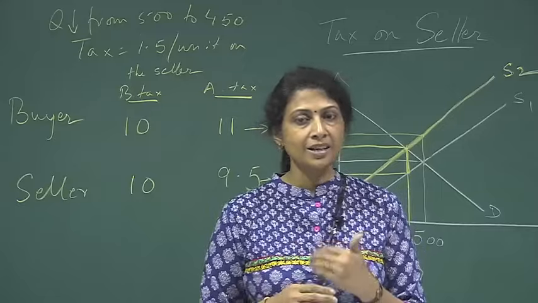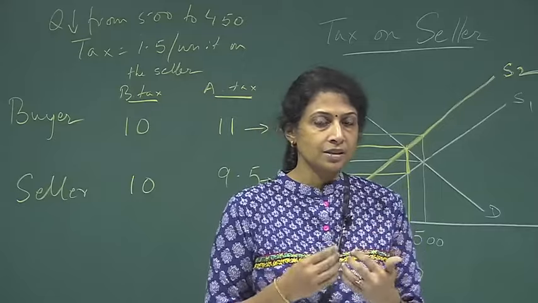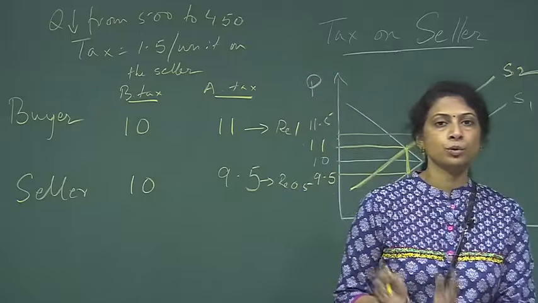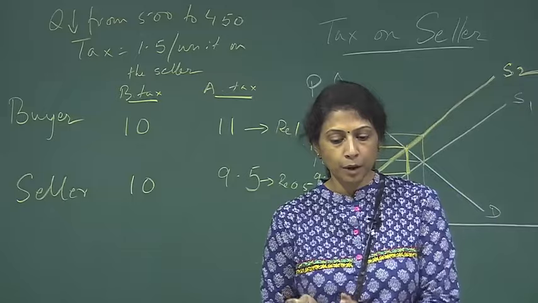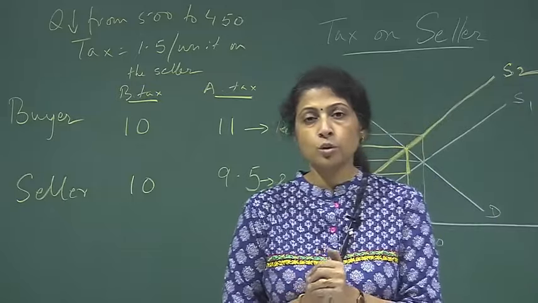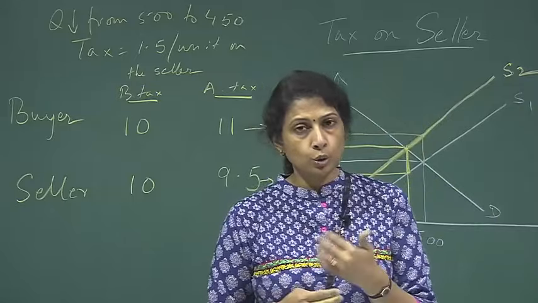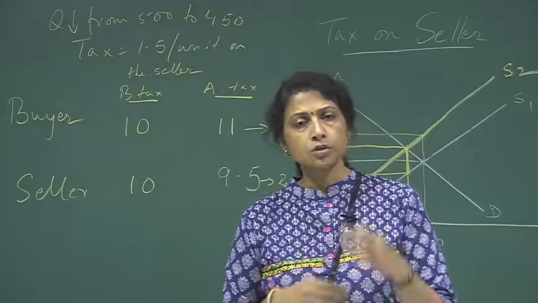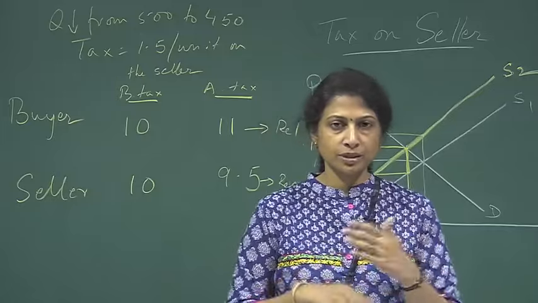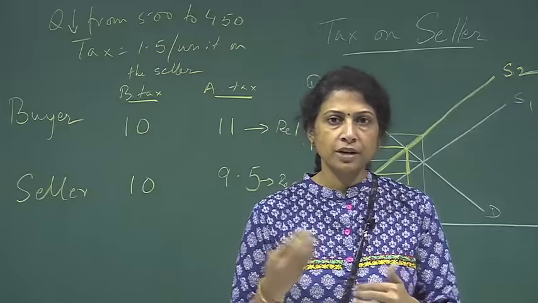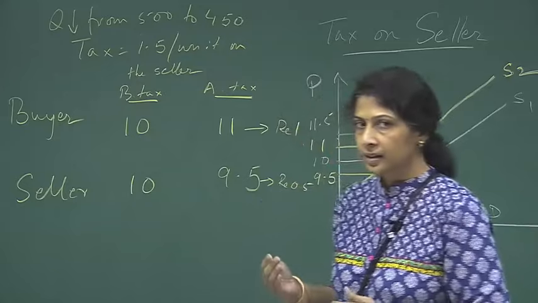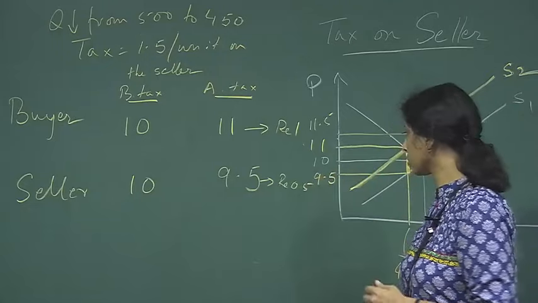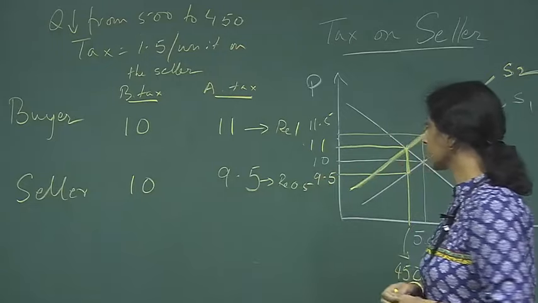If the entire tax is to be borne by the buyer, then the quantity consumed might go down too much, and the revenue that comes to the seller might go down. So in that case, the seller might like to share a part of the tax, so that the buyer does not have to pay 1.5 rupees per unit of the output. So that is the intuition behind it.